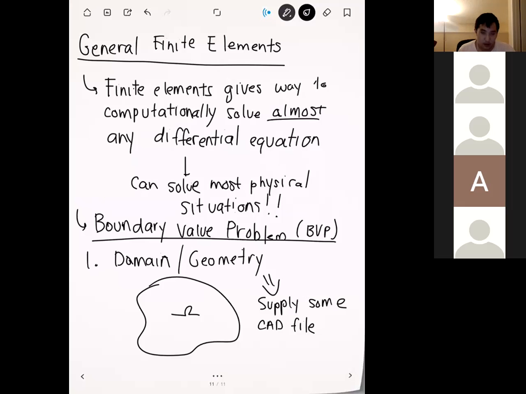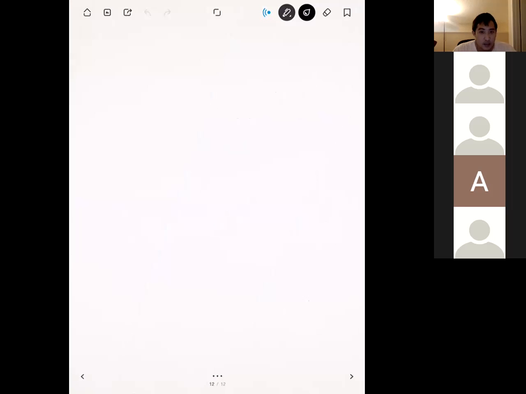Okay. All right, and so the next aspect of a boundary value problem is going to be its governing equations. Specifically, its governing differential equations.